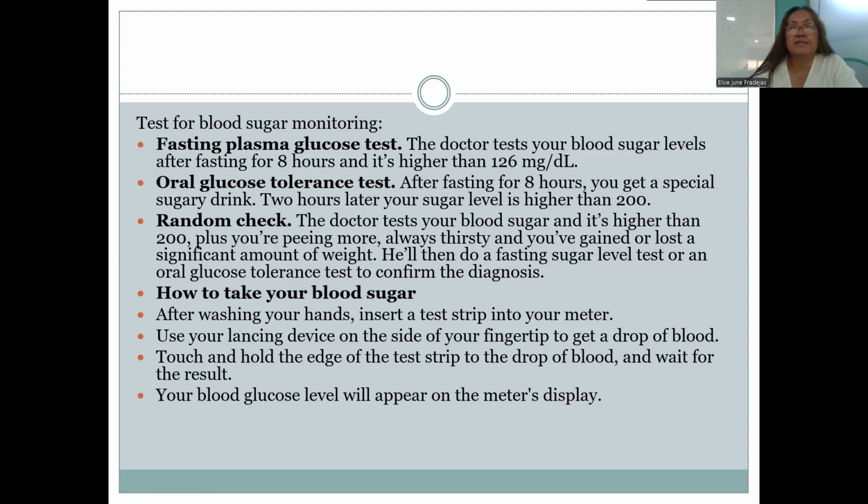Then next, prepare your pen or your lancet or your safety lancet, then prick the fingertip of your patient. Discard the first drop of blood; don't use it. The second drop of blood, drop it on the strip and wait for 10 seconds and the result will appear on the screen.